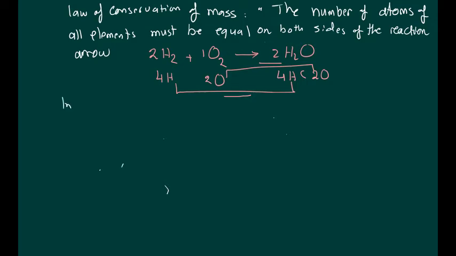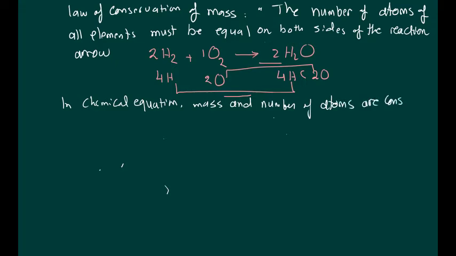In a chemical equation, mass and number of atoms are conserved. So the number of atoms and the mass should not change before and after the reaction. This is what is meant by what is conserved, because if you go back to the KPI, it's saying why it is important to balance a chemical equation. Let's answer this question. Why is it important to balance?